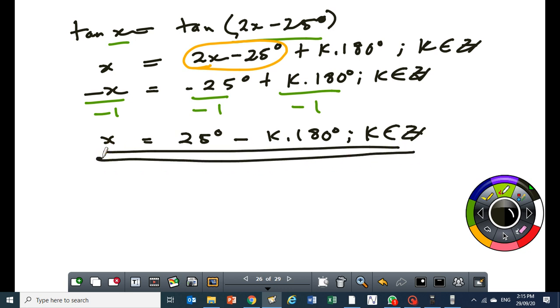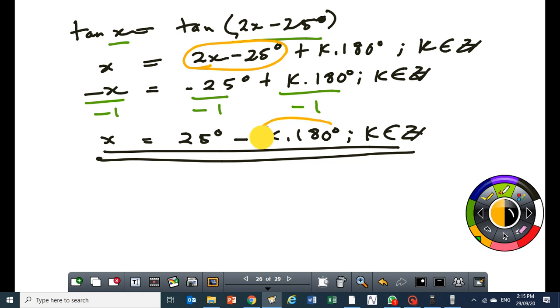So, how come the 180 here is not here? How come k times 180? You see, it's one term.